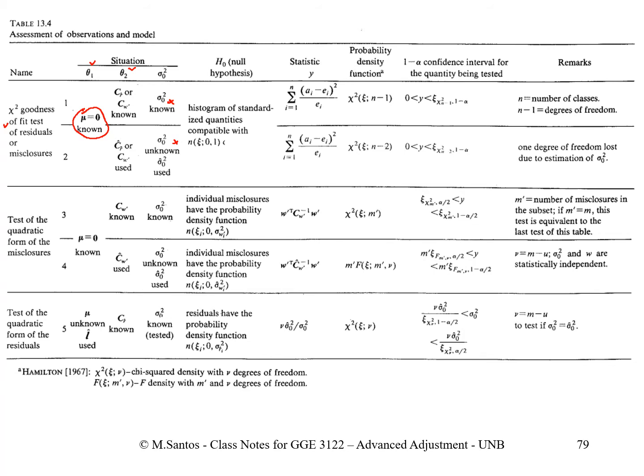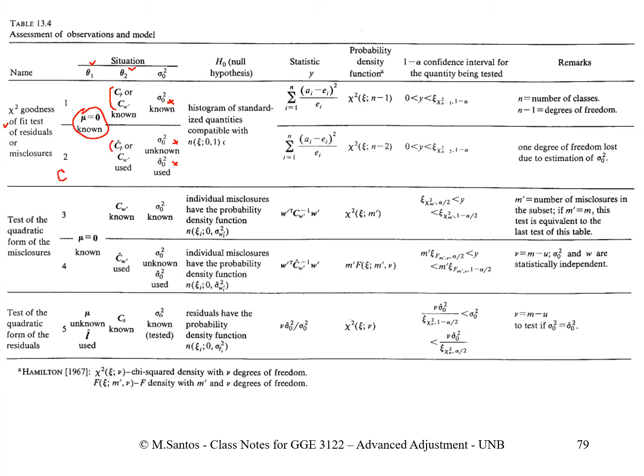If we know the a priori variance factor, we use the covariance matrix of the estimated residuals and the covariance matrix of the misclosures. If we don't know the a priori variance factor, we are going to use the a posteriori variance factor to scale the covariance matrix of the residuals.